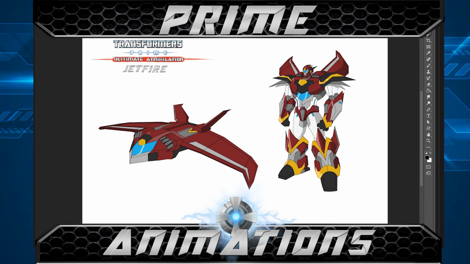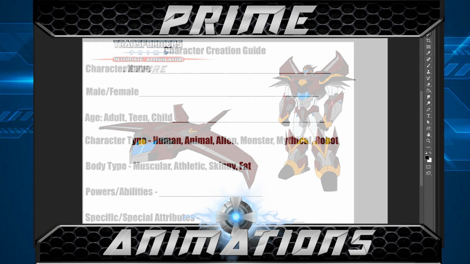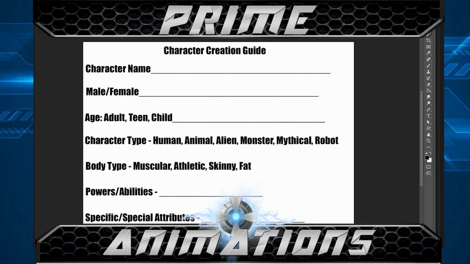So what we're going to do in our next video is I'm going to show you how I go from a design to a final concept of a character design. And we're going to take a look at how I designed Transformers Prime Inferno for the Dinobots Unleashed film. So that's going to be the next video.